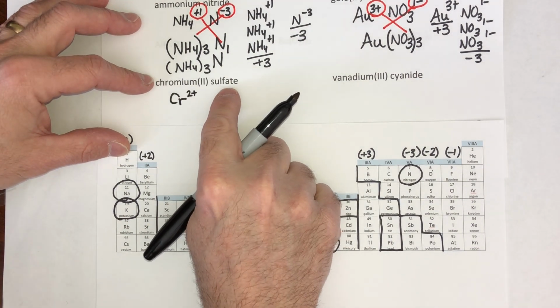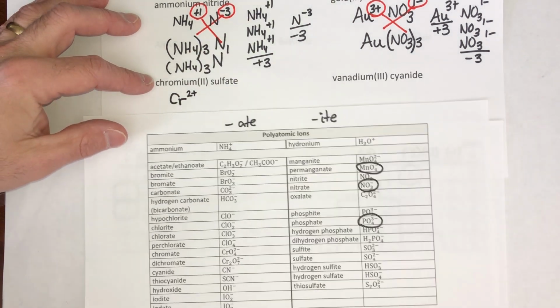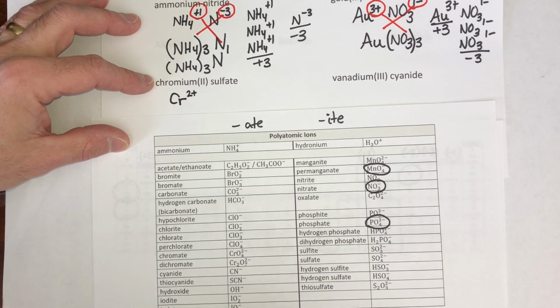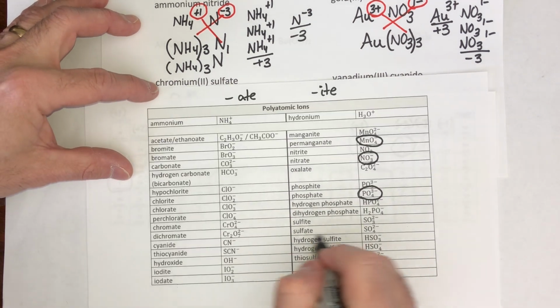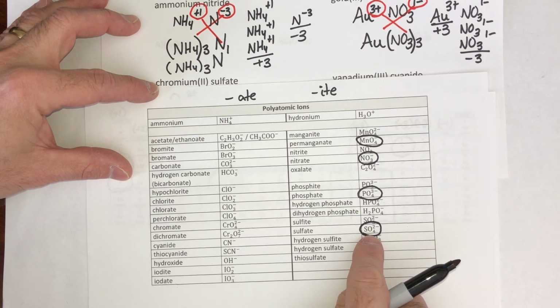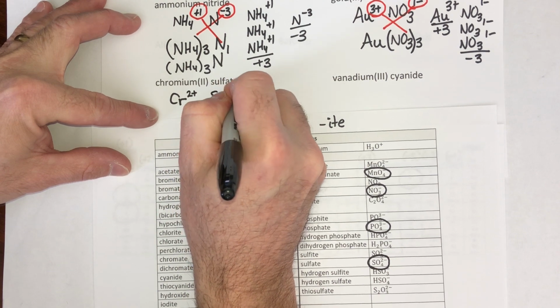And when I see sulfate, anything that ends in -ate is a polyatomic. So I come to my polyatomics. I look up sulfate. Sulfate is right here. SO4 2-.